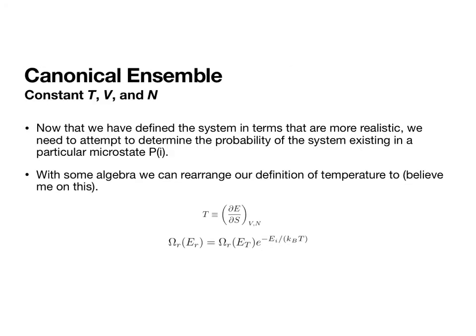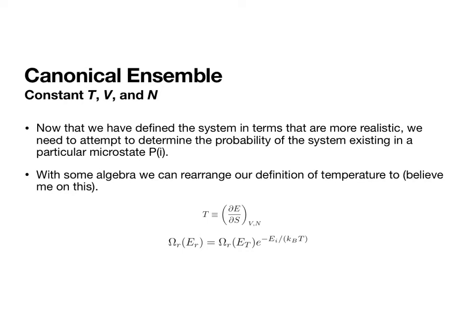So the canonical ensemble is a system in which we define that the temperature, the volume, and the number of moles are constant. These are all three variables that we can control. The temperature we can control by putting it in a constant temperature environment, a water bath, the room, anything like this.